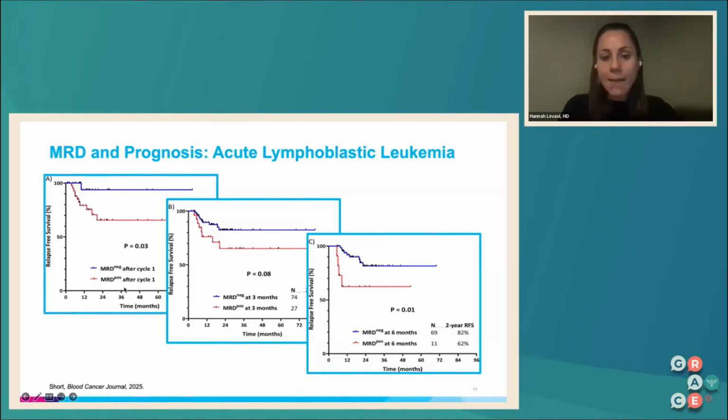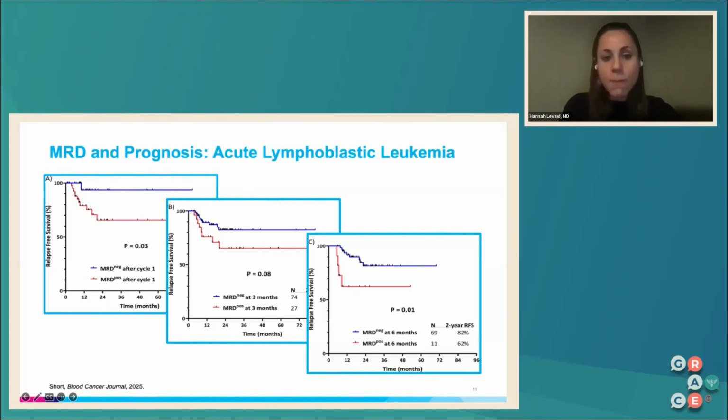And also that the timing of MRD negativity or MRD positivity really does matter, that those who achieved a very rapid MRD negativity did much better than those who took more time to achieve MRD negativity.